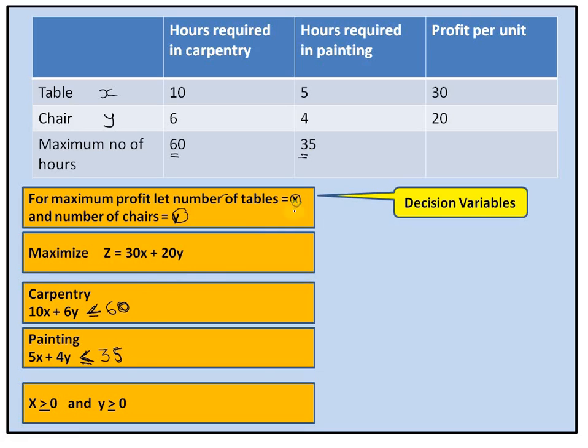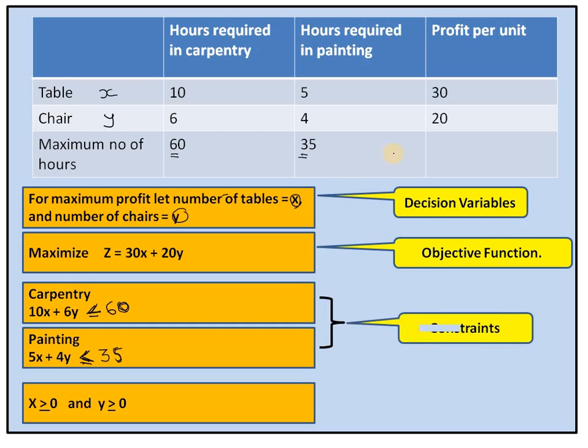X and Y, what we have assumed, are called decision variables. ये वर्ड याद रखना आसान है. सॉल्यूशन करते टाइम ये वर्ड की जरूरत नहीं है. But don't forget, when you are learning mathematics, don't forget English. समझ गए? चलो, whatever I have to maximize is called the objective function. समझ गए बच्चों? Then ये मेरा लिमिटेशंस है, resource limitations है. So these are known as constraints.